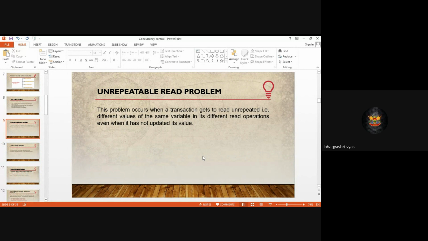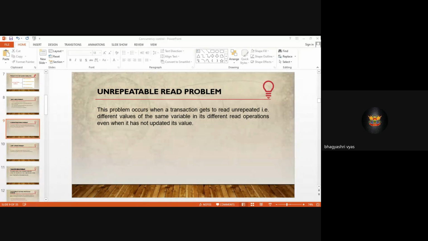So what does unrepeatable read mean? This problem occurs when the transaction reads a different value of the same variable in different read operations, even when the value has not been updated by it.